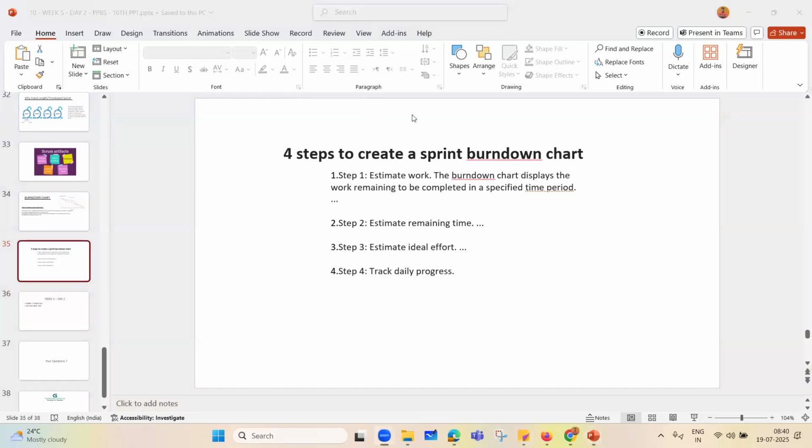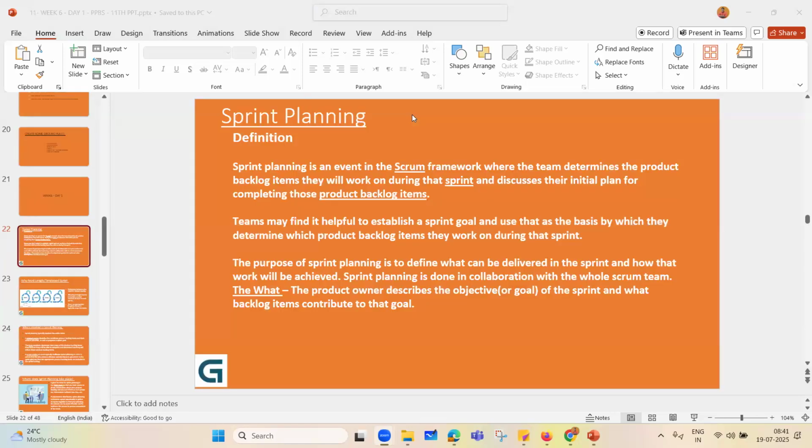So we are going to discuss something different now. We will go to a deeper level when it comes to this planning level. So let's try to dig deeper into sprint planning. We have not done it at a deeper level. I would like to invite someone to read the definition of sprint planning.